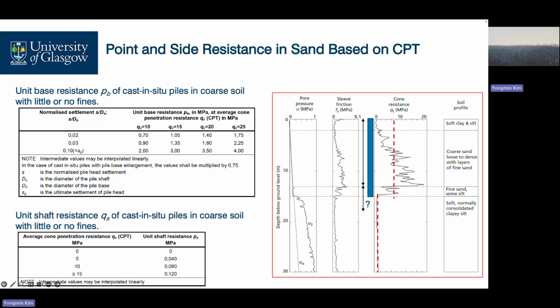Given everything, what you can do is just read off the data, and then calculate your shaft and toe resistance, compare with your design actions, and calculate pile length and number of piles. Simple arithmetic calculations.